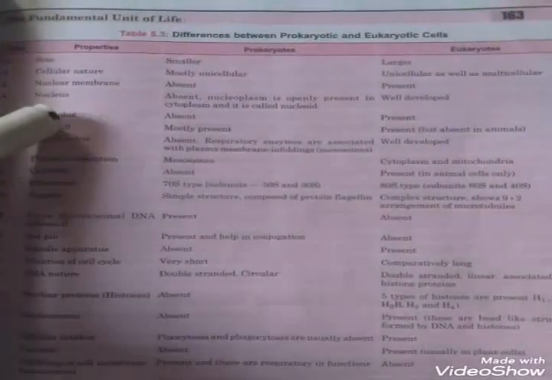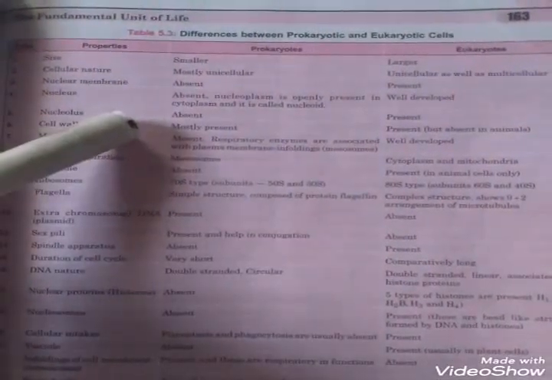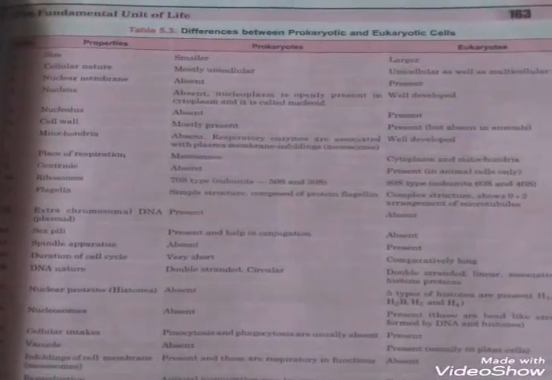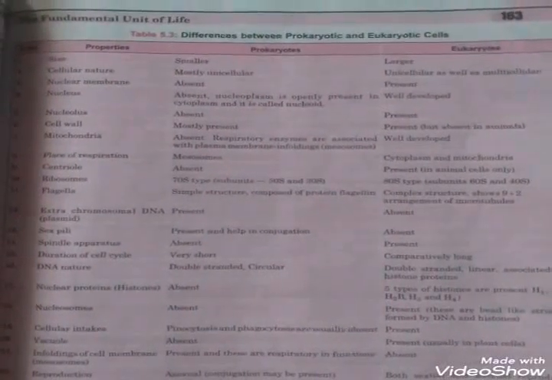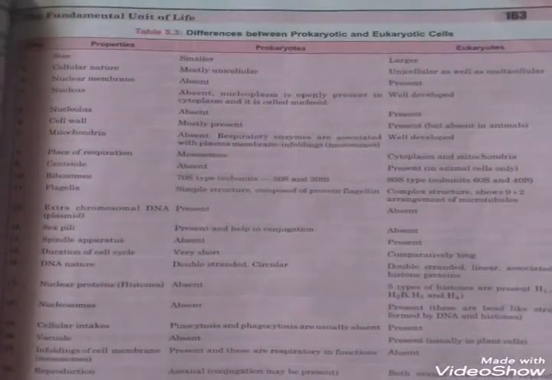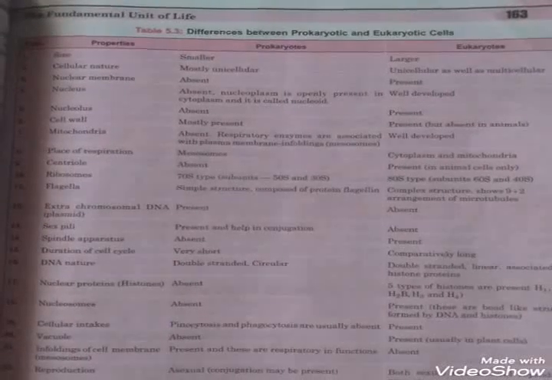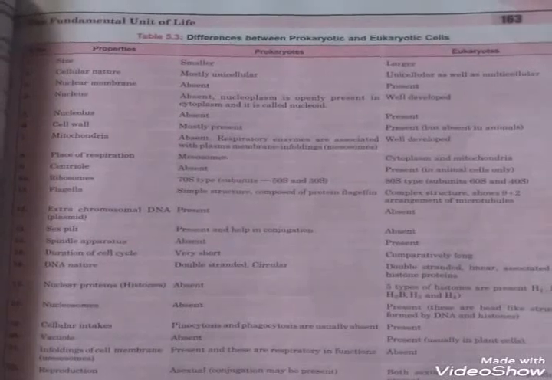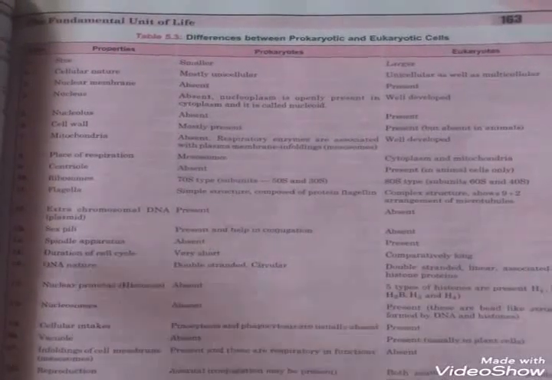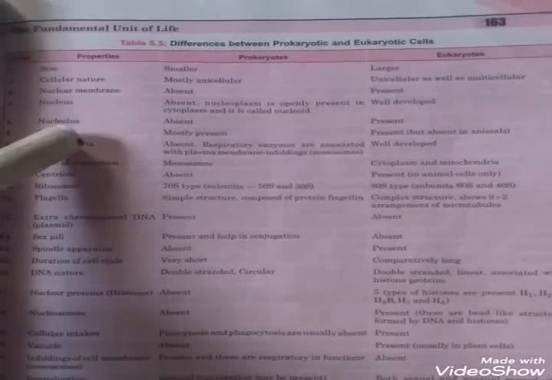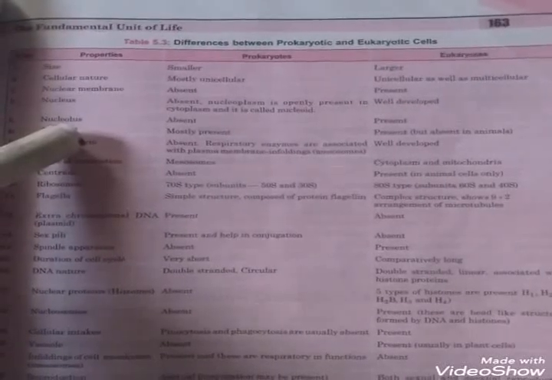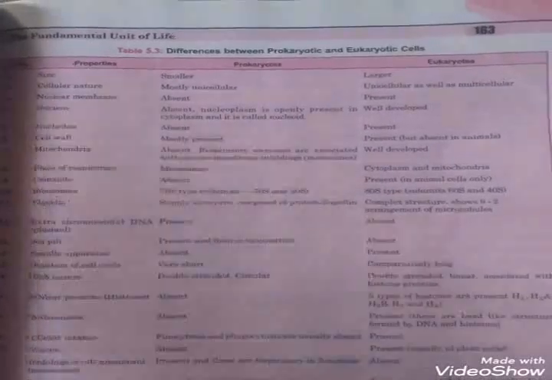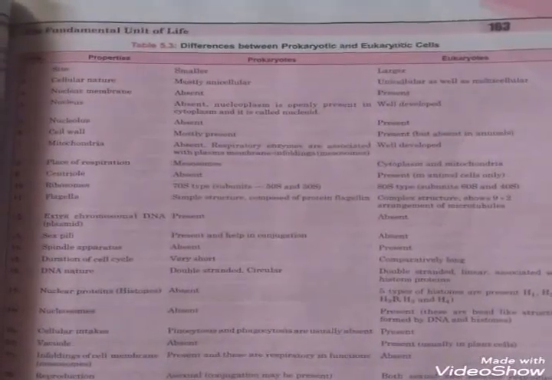The nucleus is absent, or in some a primitive open nucleus called the nucleoid is present, and eukaryotic cells have a well-developed nucleus. The nucleolus is on the inner side of the nucleus; it is absent in prokaryotic cells and present in eukaryotic cells.